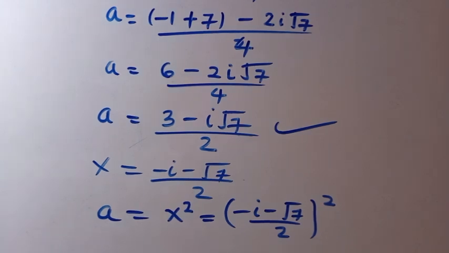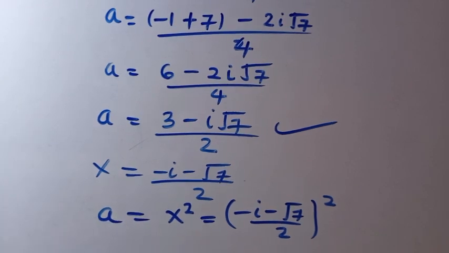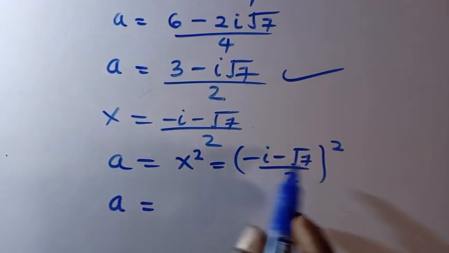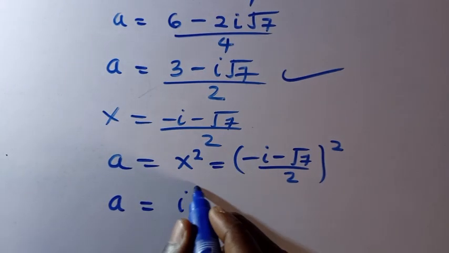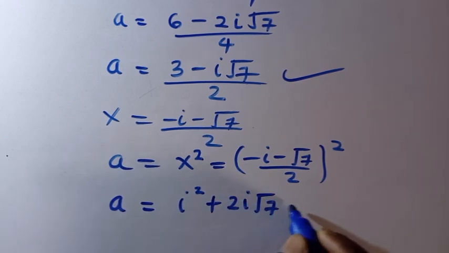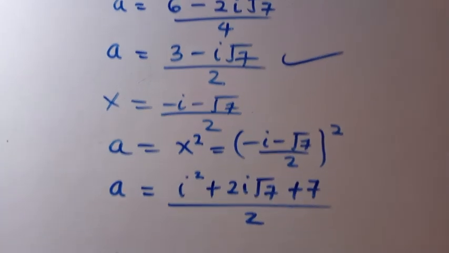And again, we expand this one. What we get here is a equals, minus will go first, and we have i squared plus 2i root 7 plus 7, divided by 2.